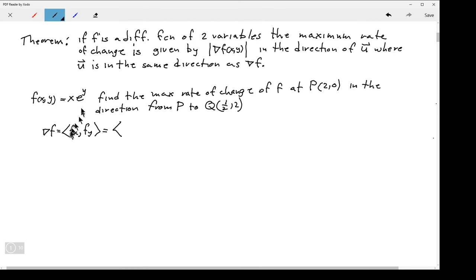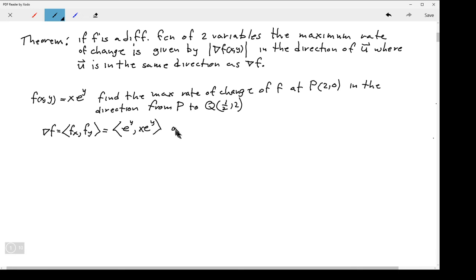For fx, the derivative with respect to x, y is a constant, so the derivative is just e to the y. The derivative with respect to y, x is a constant, and the derivative of e to the y is e to the y, so that's x e to the y. There's my gradient.